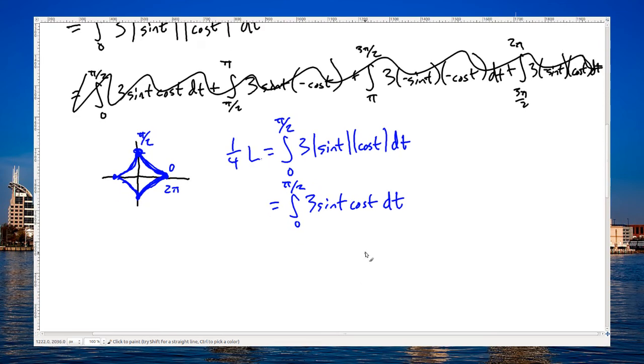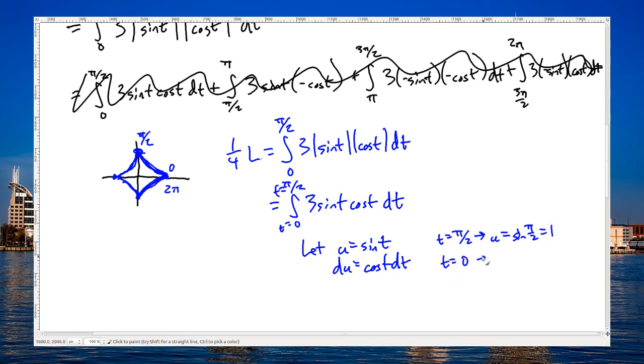All right, so now we're in business. Now I can just do a simple substitution. Let u equal sine of t. My du would be cosine of t dt. These are t values here and here though. So for t is pi over 2, that tells me that u is equal to sine of pi over 2, and that's 1.